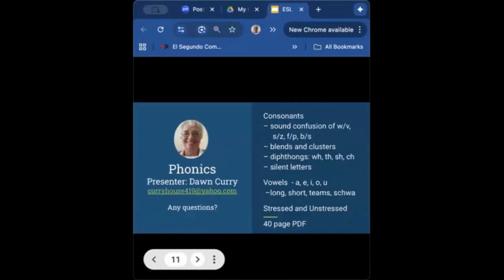Then there are also some pages on how to help them with the confusions between some sounds and hear what confusions they have. A lot of times you can find it by just doing a Google search on that language, and then help them clarify. I created a 40-page PDF file for you.